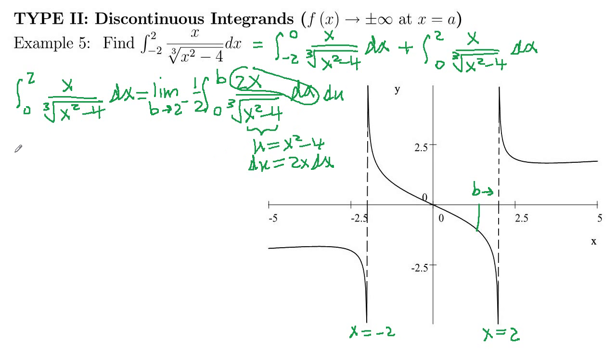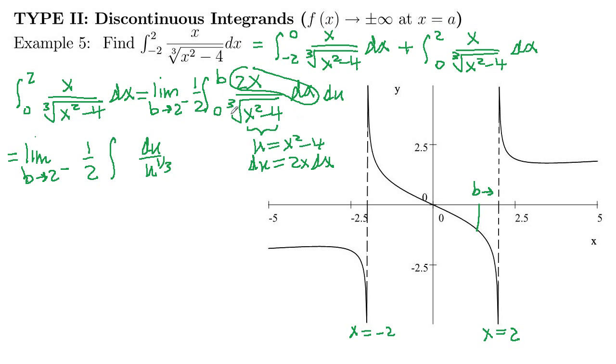So now we've got the limit as b is approaching 2 from the negative side. And we've got a 1/2 outside that integral. And then this will be the integral, du on top, and u to the 1/3 in the denominator. And then we have to plug our limits of integration into our u substitution here.